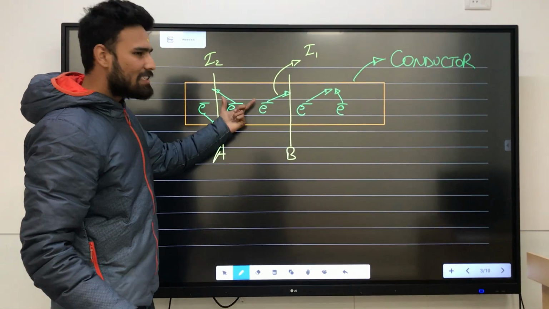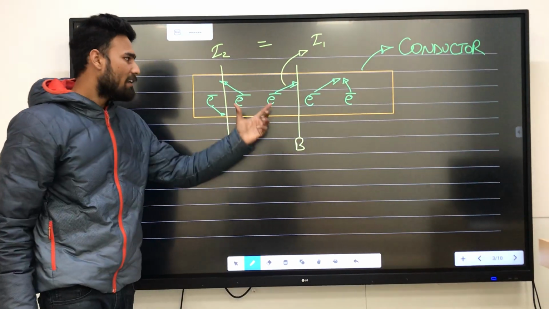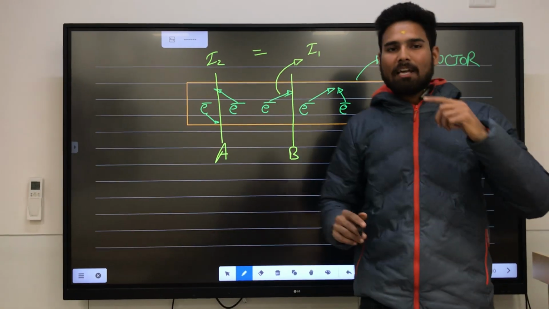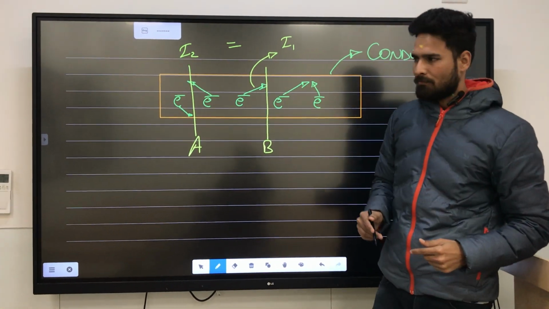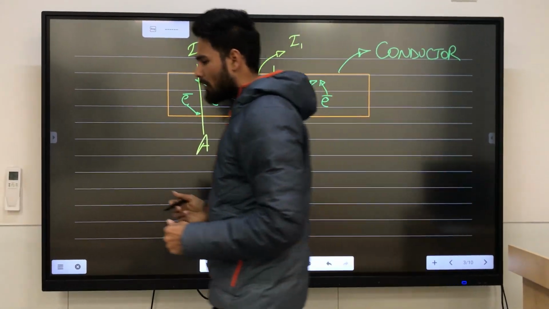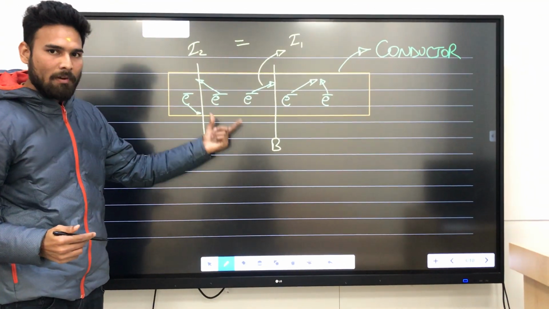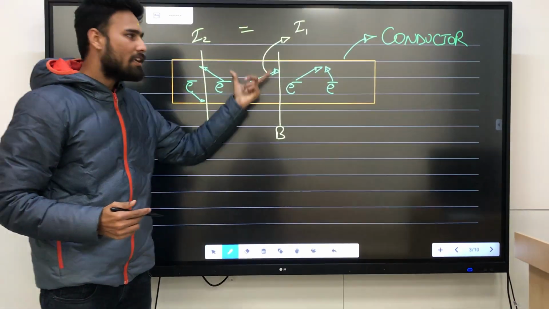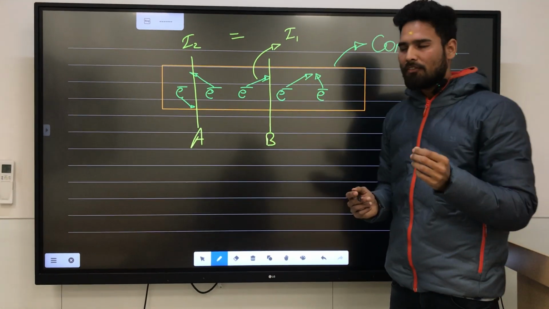As both the charges are the same, I1 should be equal to I2, and since the movements of both the electrons are opposite, the direction of current will also be opposite. We will discuss the direction of current later, but they both constitute currents opposite in direction, so they nullify each other's effect. That's why we don't feel the effect of current.